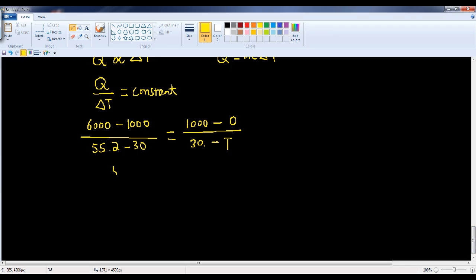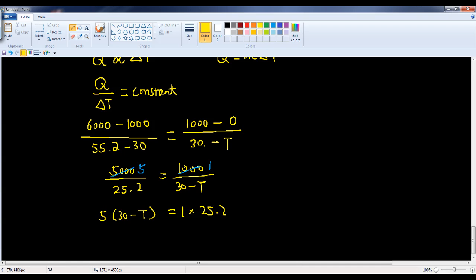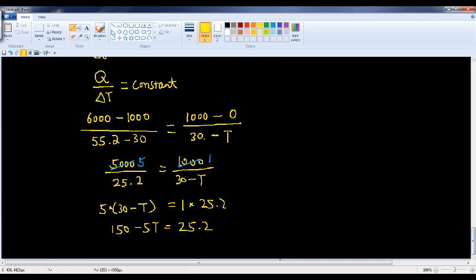Let's do it. That's 5000 over 25.2, equal to 1000 over 30 minus T. Before solving it, let's simplify this a little bit. It's 1 and 5, isn't it? For two fractions equal to each other, we can always use cross multiplication. You multiply that 5 into the equation, and then you subtract this one to this side.